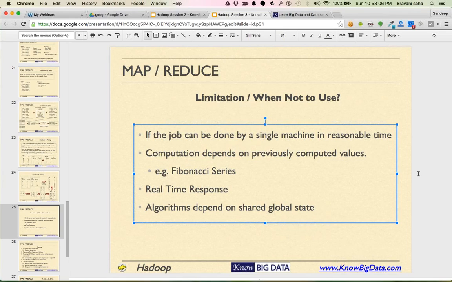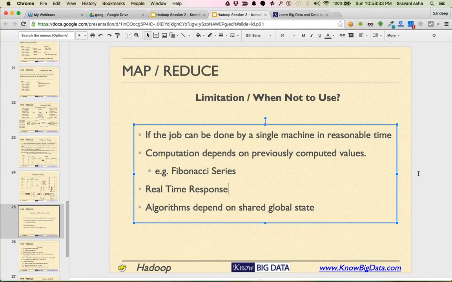The design of Hadoop is with a batch mindset. We will have jobs, we'll get the job done, and we will let you know if we could not get it done under all possible situations. Therefore it's not suitable when we talk about real-time response. It's not suitable in those scenarios.